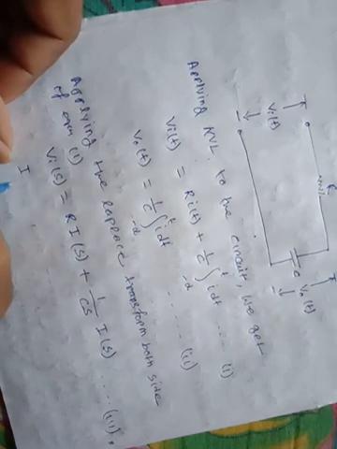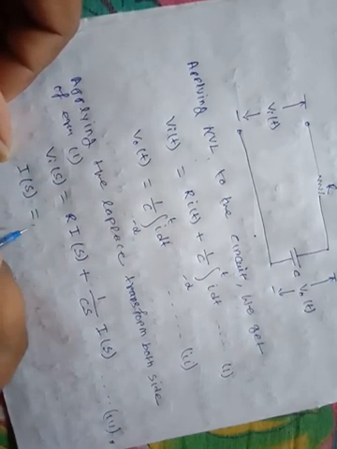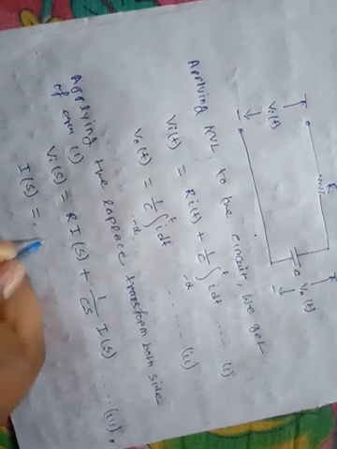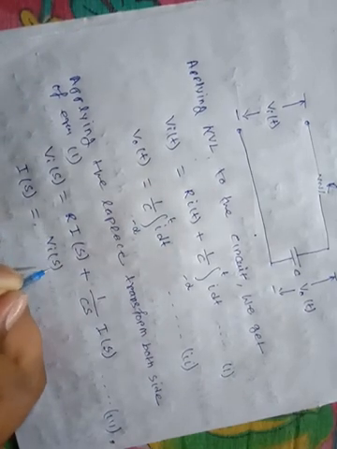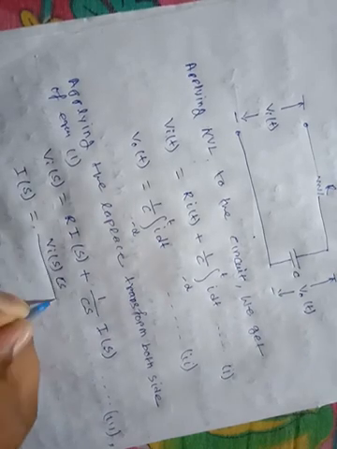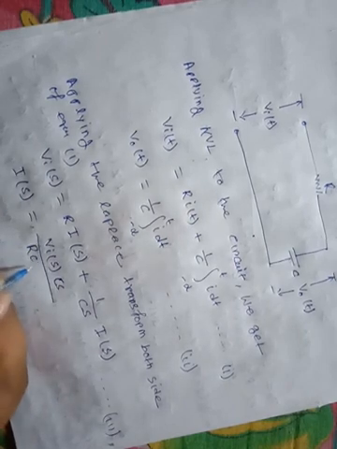Then the current I(s) is equal to input voltage Vi(s) into CS by RCS plus 1.